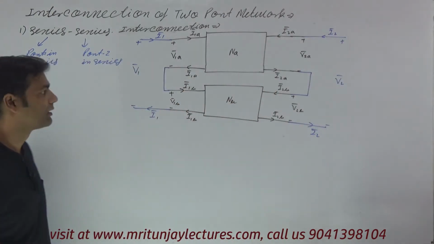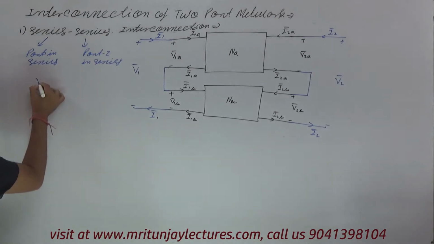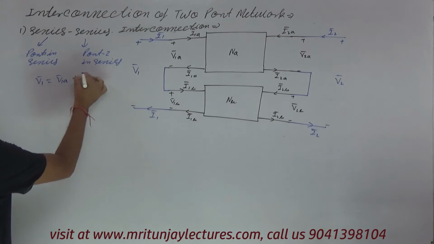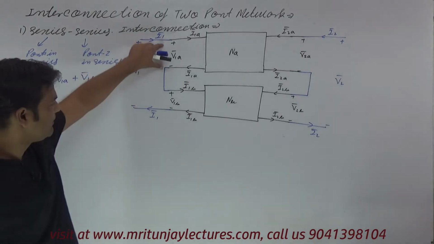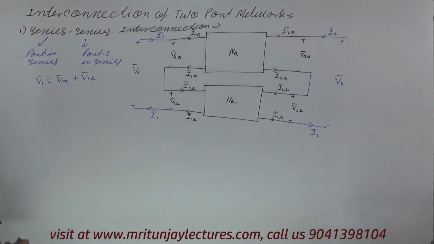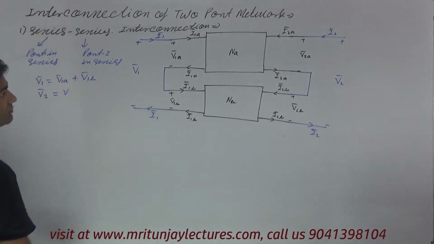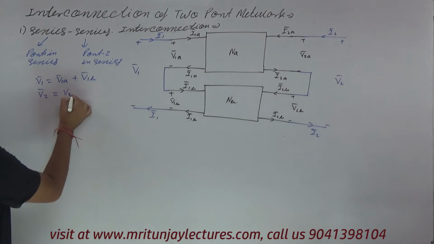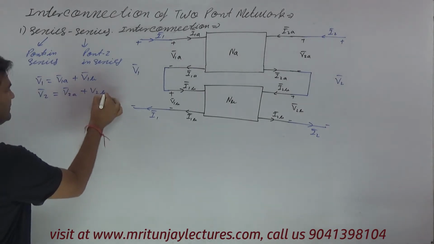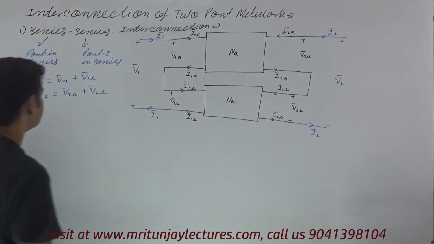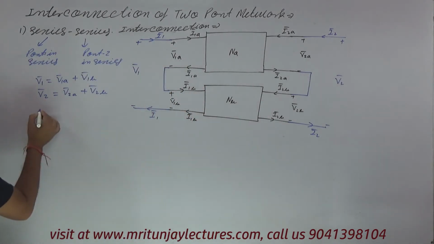Okay, now V1 is equal to V1A plus V1B, and V2 is equal to V2A plus V2B, written corresponding to this one. Okay, what about current?